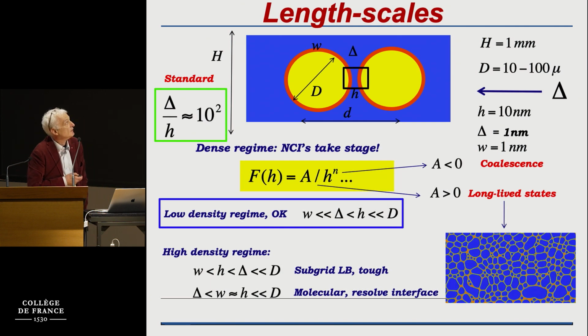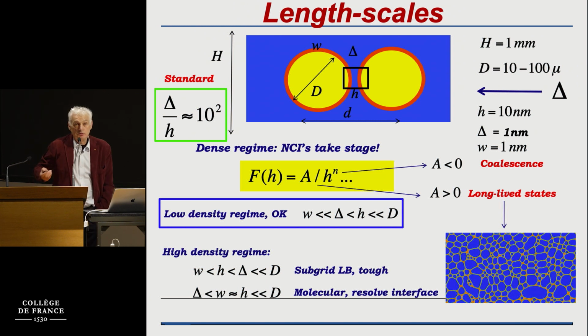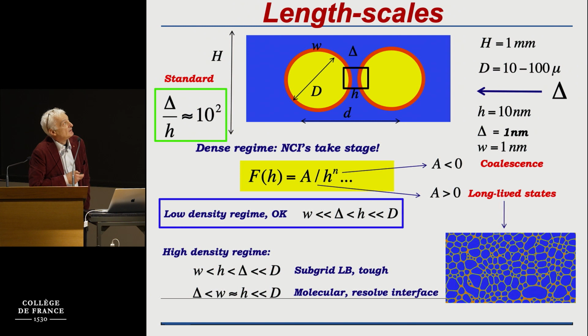The problem is density. Just to give you, again, an idea of the scales, the black box is basically the delta which you can afford given your computer. If I want to resolve the near contact interaction, the thin film between the two droplets, I had better go to 10 nanometers. But if I make myself 10 nanometers, I cannot describe the entire device because it's 1 millimeter, and 6 decades, no way. So what we did is embarrassingly simple. Just on dimensional grounds, we know that there must be some interaction between the two interfaces.